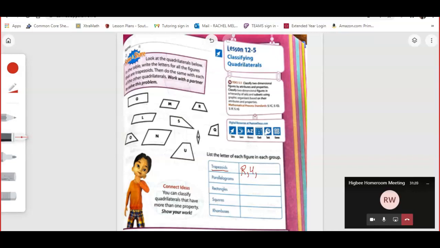Okay. Rita, give me another one. O. Yes. I think there's probably one more. Roger, what's another trapezoid up there?